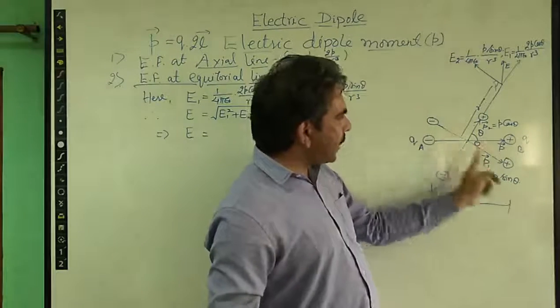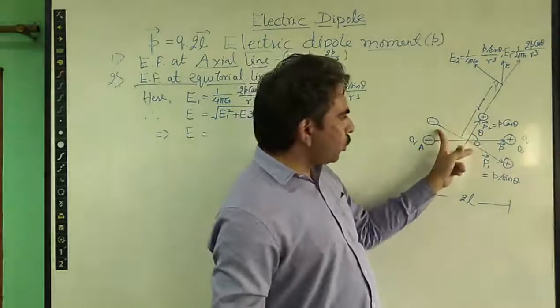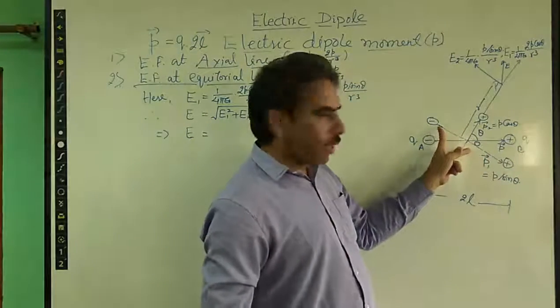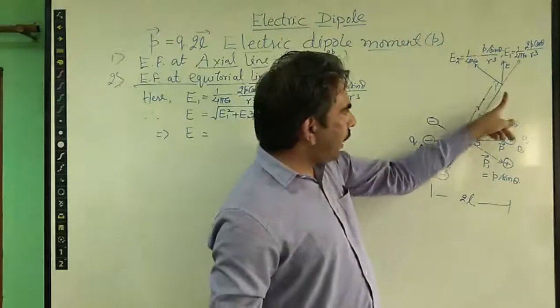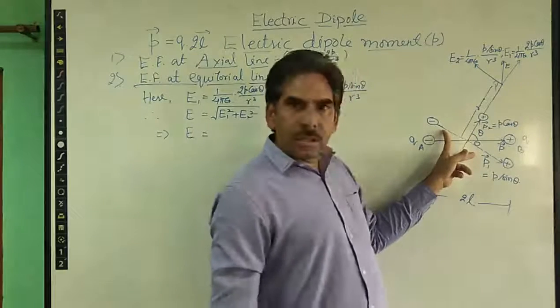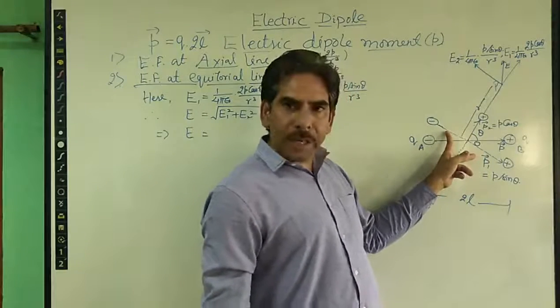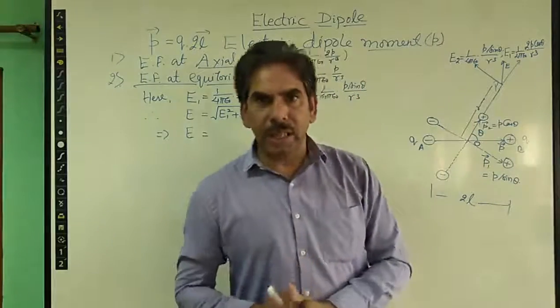This dipole is a resultant of these two dipoles. For the first dipole, the point P is on its axial line. For the second, perpendicular dipole, the point P lies on its equatorial line.